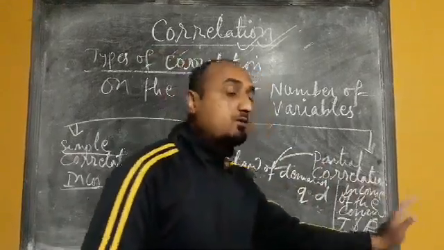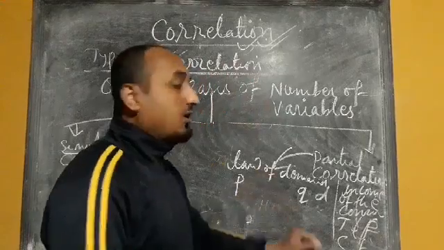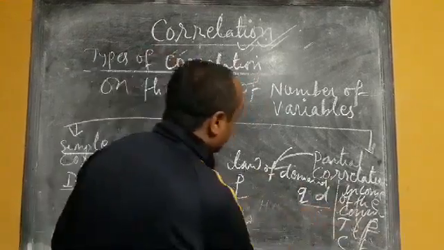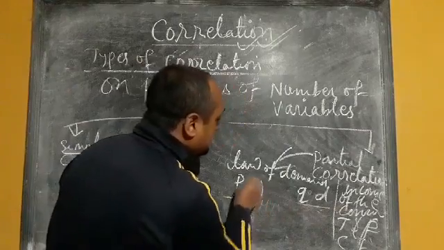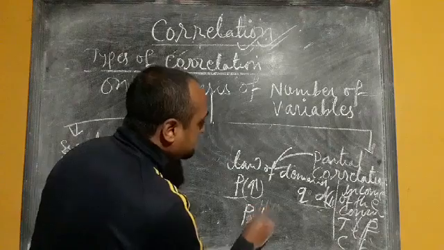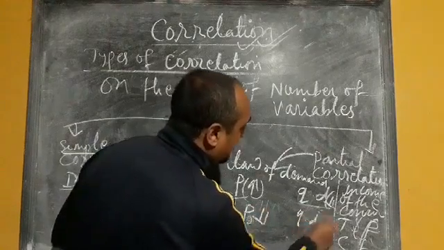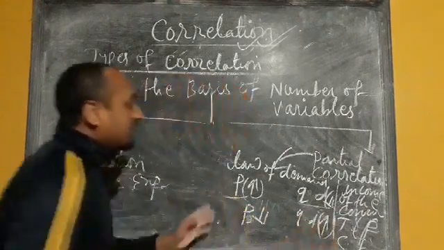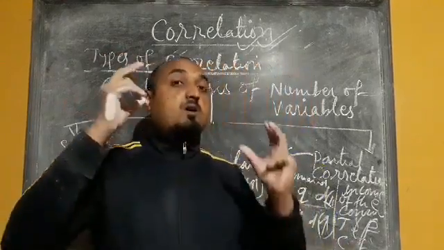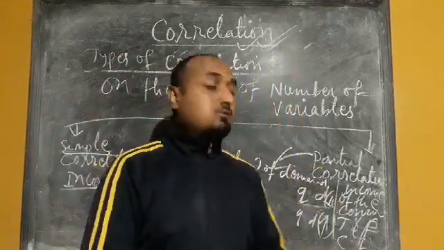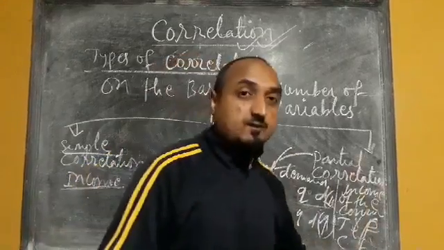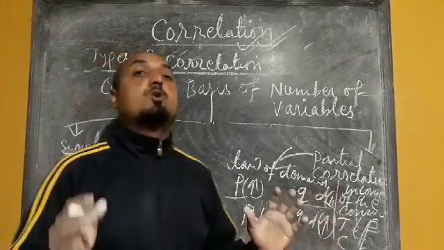These all are constant while explaining the law of demand. So here we only show the relation between price and quantity demanded. That means when price increases, quantity demanded will decrease, and when price decreases, quantity demanded will increase. So here we are showing the relation between two variables, but the influence of the other variables is kept constant. So that is the case of partial correlation.